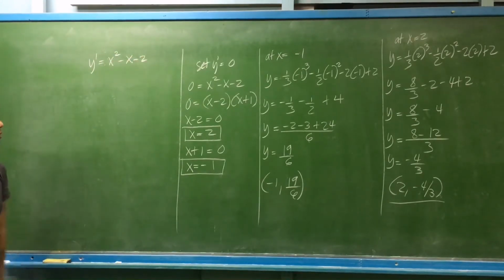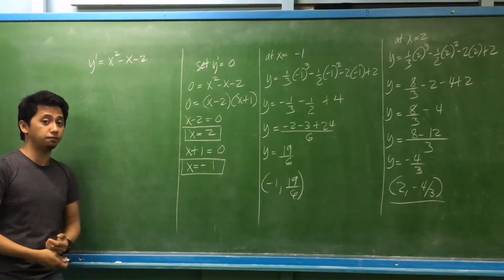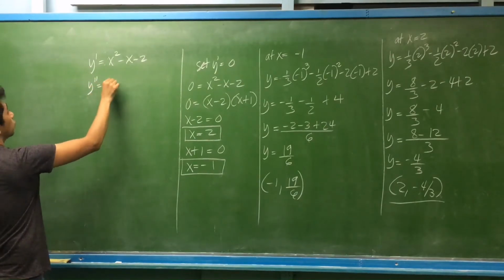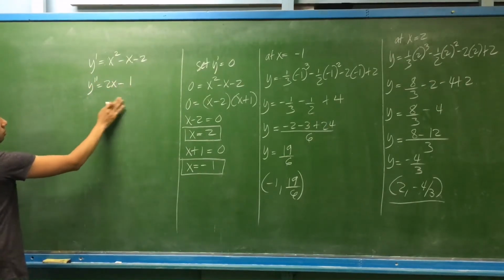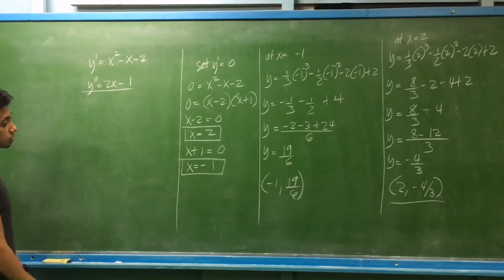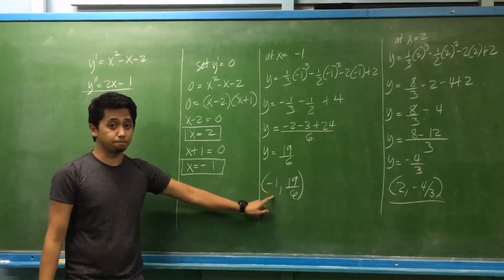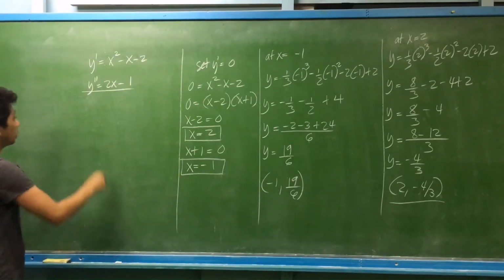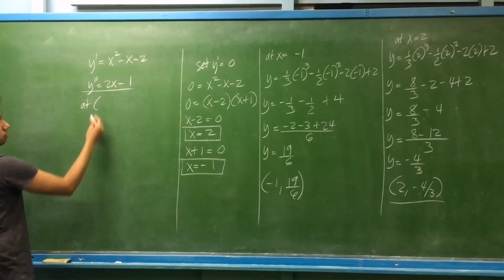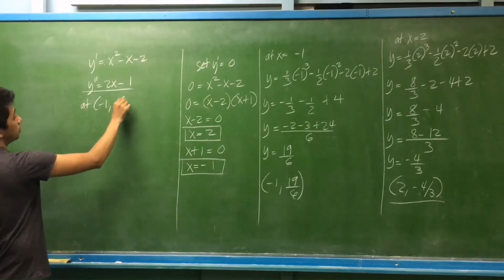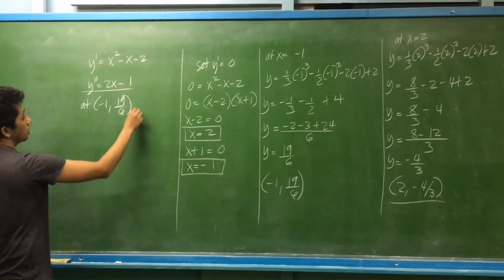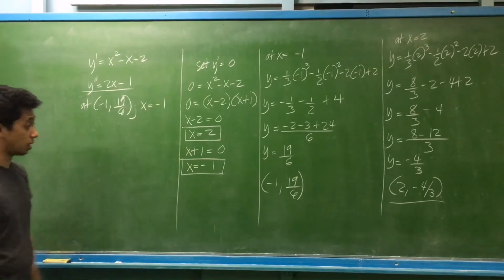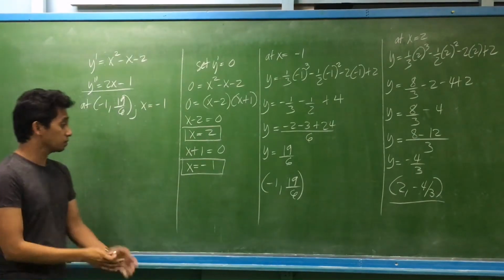We now perform differentiation for the second time: y double prime is equal to 2x minus 1. Let us first use the first critical point. We don't yet know if it is a maximum or minimum. At x equal to negative 1, 19 over 6, we use x equal to negative 1 to determine whether it is a minimum or maximum.